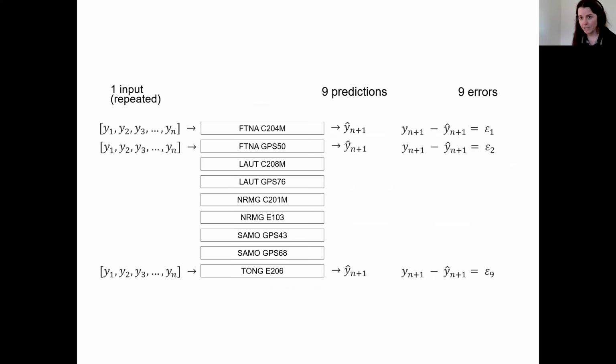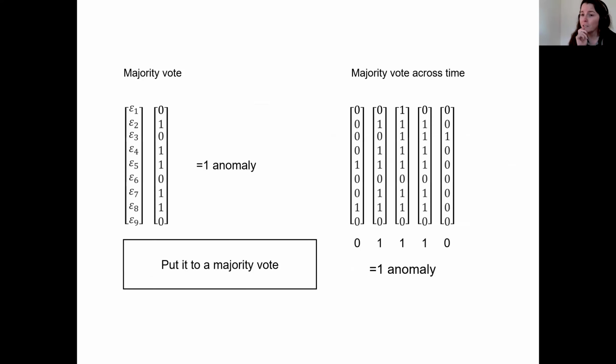And so what this actually gives us are 9 different predictions, which then translate to 9 different errors. We have 9 models. We're inputting the same time series, so it's the same series going in, 9 different predictions, 9 errors. And that means that we can actually implement majority voting.